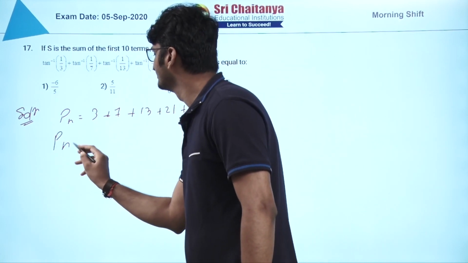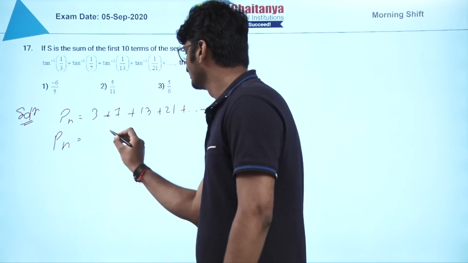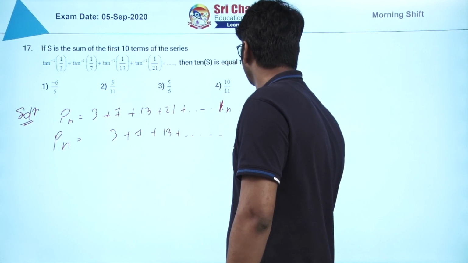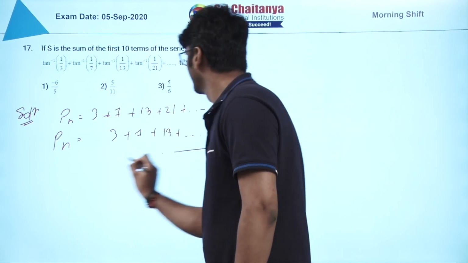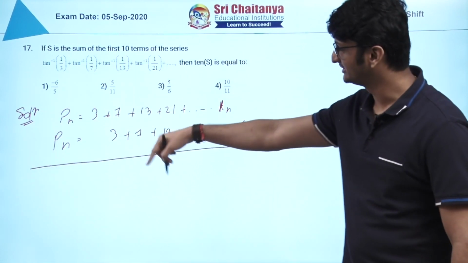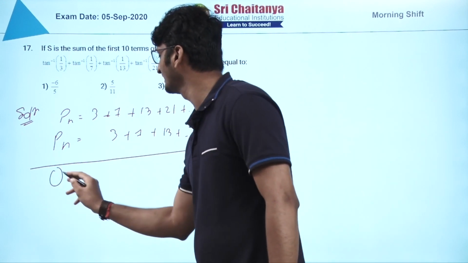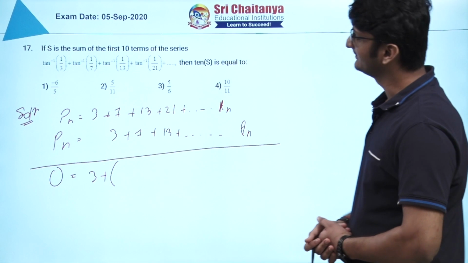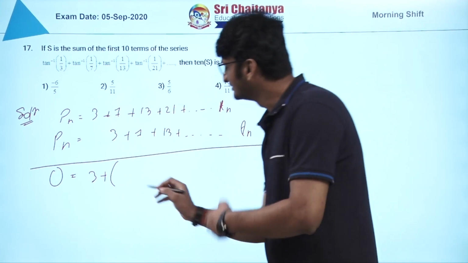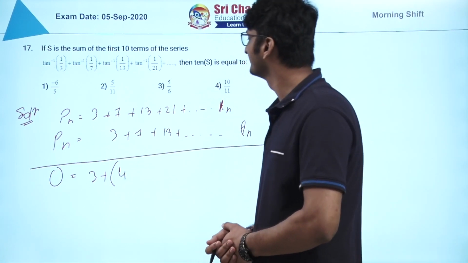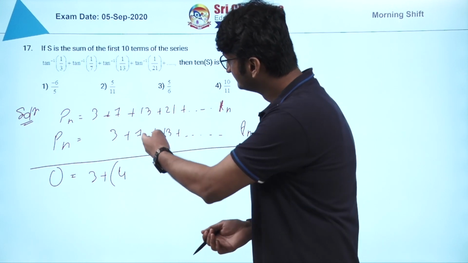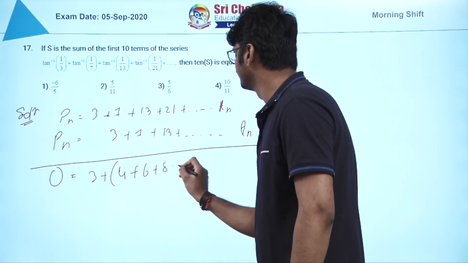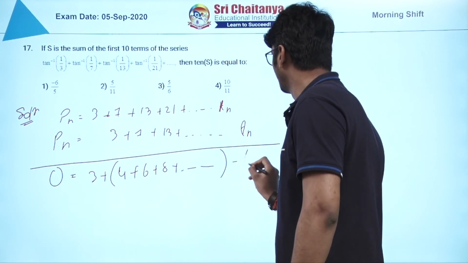Rewriting the series just by shifting one term, 3 plus 7 plus 13 plus tn, subtract the corresponding terms. You will get 0 on the left hand side, 3, and in the brackets the terms are in AP: 4, 6, 8, and this will be minus of Tn.